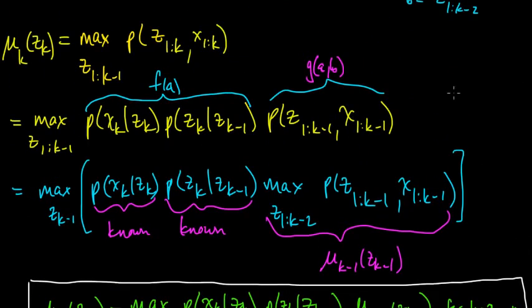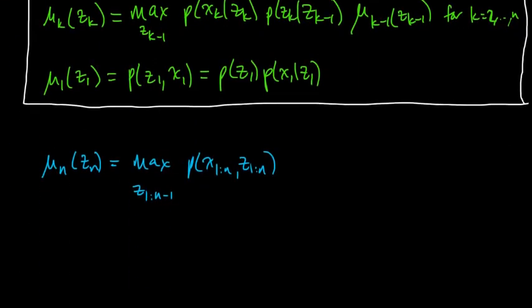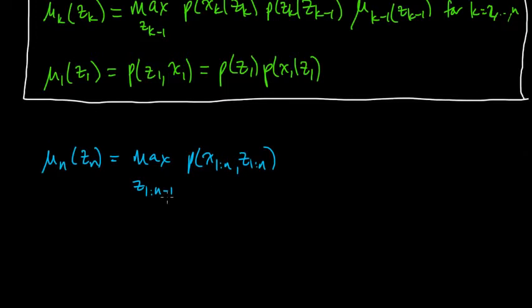Right? Because k equals n. And now, in order to get the maximum over the whole thing, we just take one more max out here, max over z_n. And then that's just the maximum. So once we have mu_n, then we can get the total maximizing value easily.